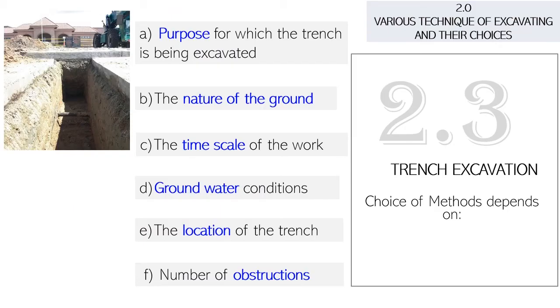Another technique of excavating is trench excavation. Trench excavation is a narrow excavation primarily for strip foundations and buried services such as pipelines. Excavation can be carried out by hand or by machine. The choice of method depends on the purpose for which the trench is being excavated, the nature of the ground, the time scale of the work, the groundwater conditions and its level, the location of the trench, and the number of obstructions on the site.